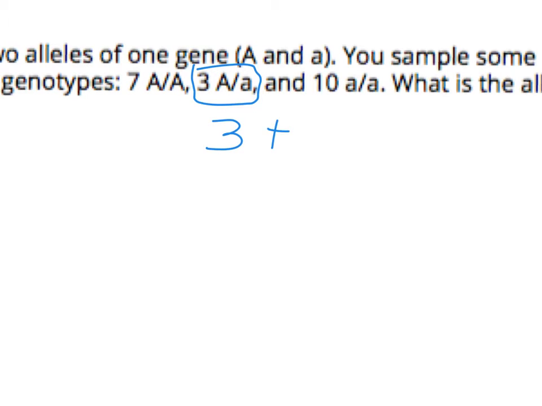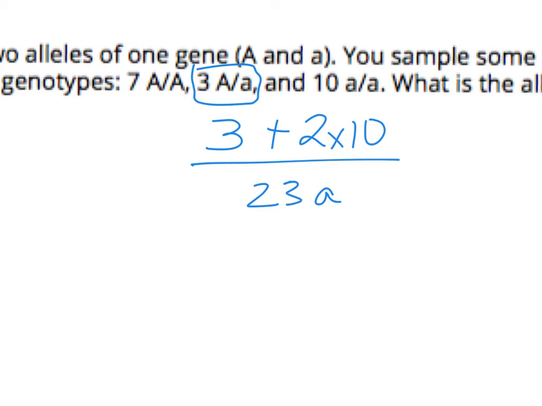And we've got 10 homozygotes, so how many little a alleles is that? Right, it's 20 because each of those 10 individuals carries 2 little a genes. So that's 23 little a's.